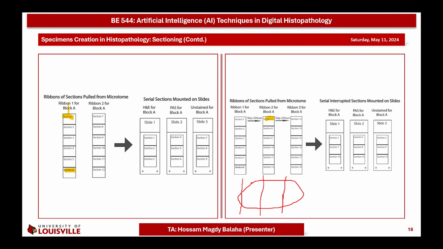In this case, the serial interrupted sections mounted on the slides will be like that. We will take from section 1, section 7, and section 13. On a single slide, there will be multiple sections where each of them is separated by 2 micrometers. So using a single slide, you can obtain an overall look at the tissue parts.